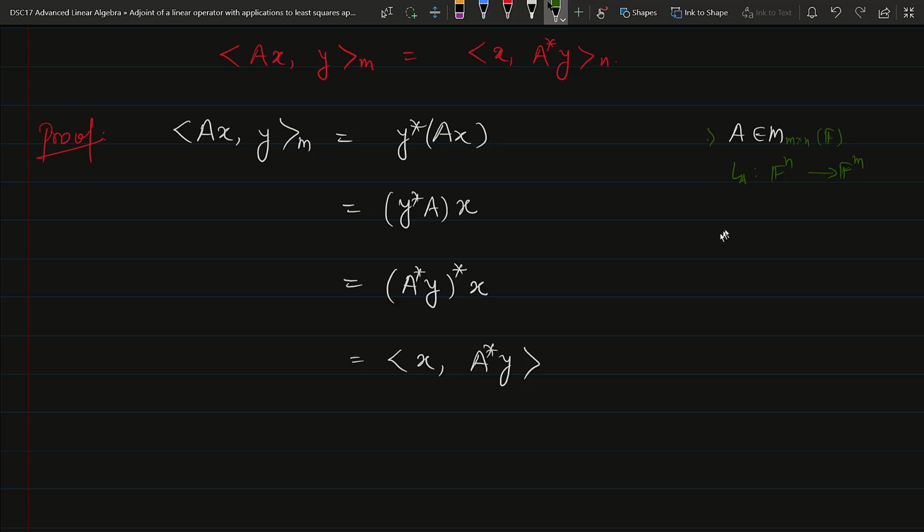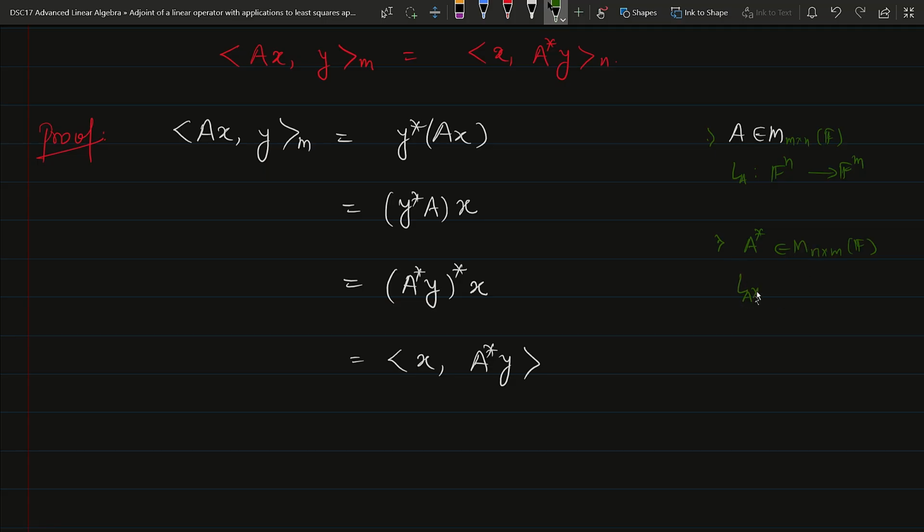And if you have the conjugate transpose, that means A star, then this will be an element of M n cross M over F, because if we take the transpose, the columns and rows get interchanged.